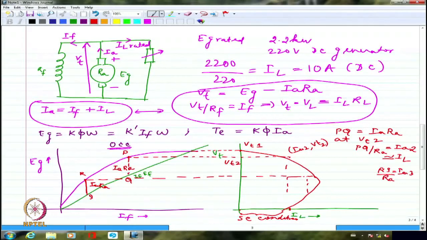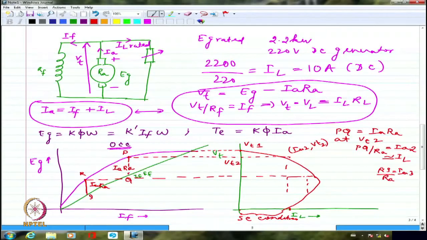In a transformer we said if we short circuit, we are going to get 40 times, maybe 30 times the rated current. That cannot happen in a self-excited generator because the field current also depends upon the terminal voltage. The moment I short circuit the generator, the terminal voltage will become 0. Because the terminal voltage becomes 0, the current is limited by the fact that the field current itself has now become 0.